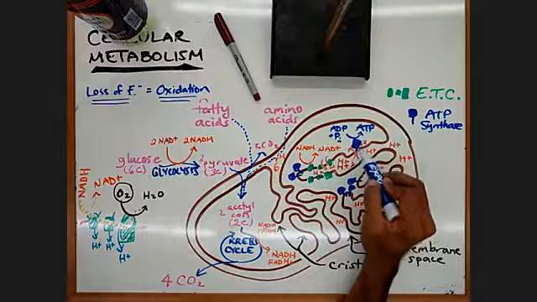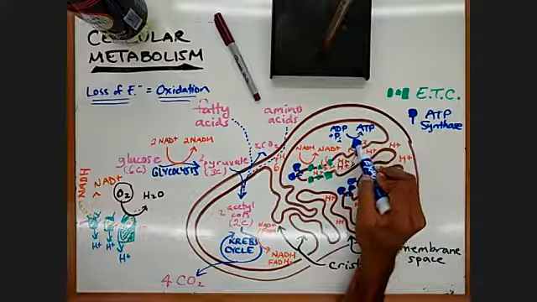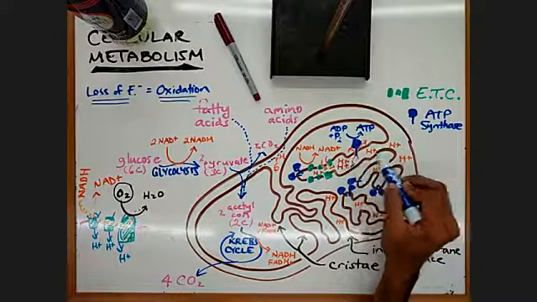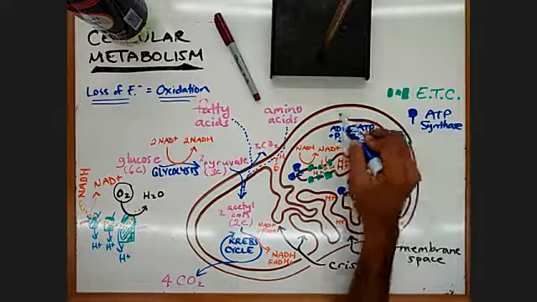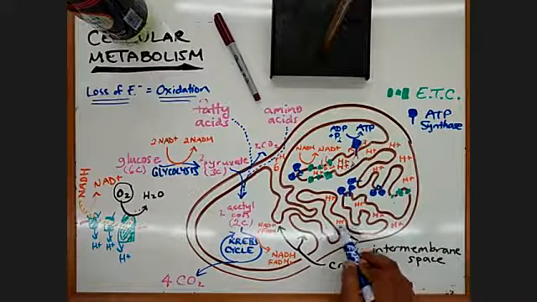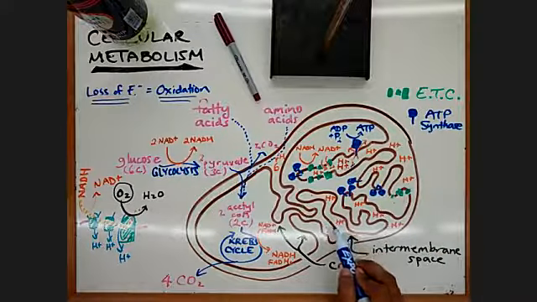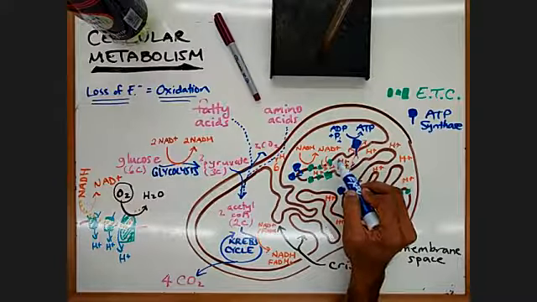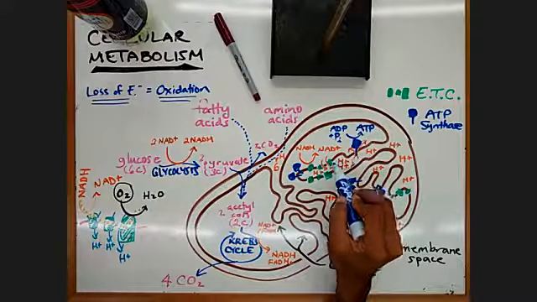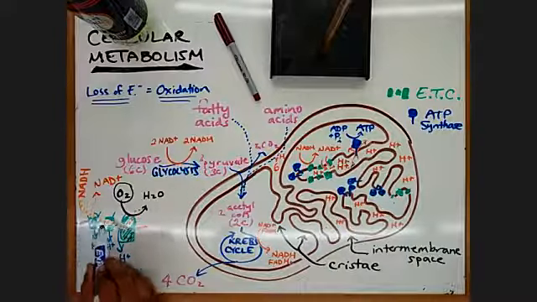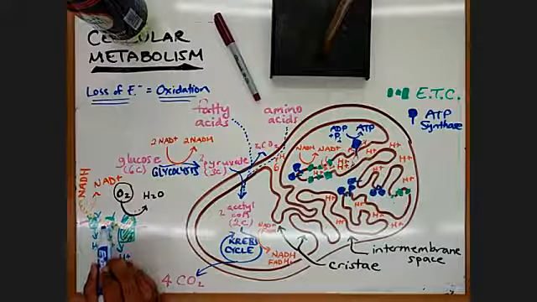So what needs to be present for ATP synthesis to work, for the ATP synthase, is a high concentration of protons in this intermembrane space. And the way we're going to generate that high concentration of protons is by using this electron transport chain. When fed electrons, the proteins of the electron transport chain undergo a series of shape changes.